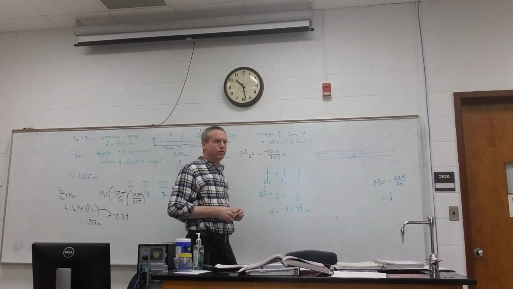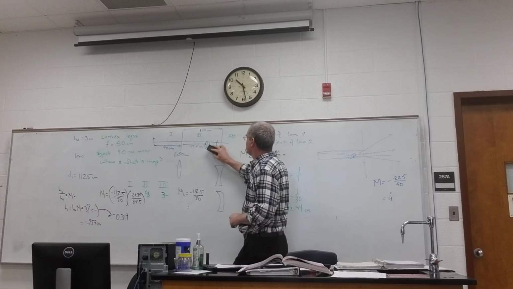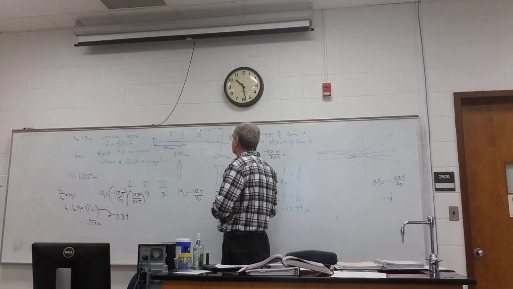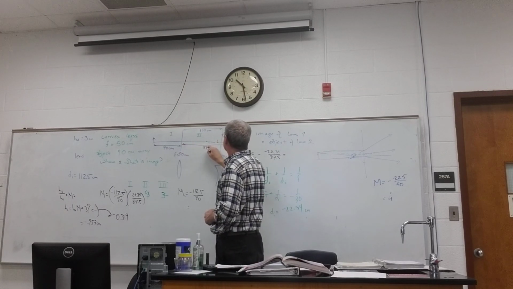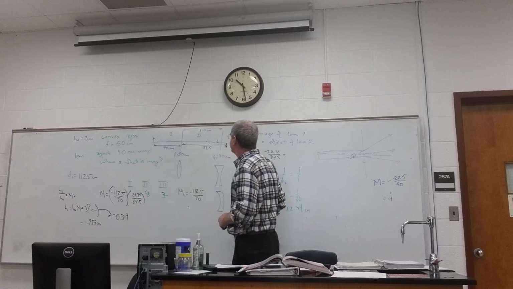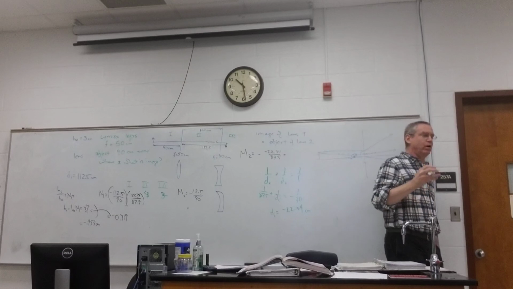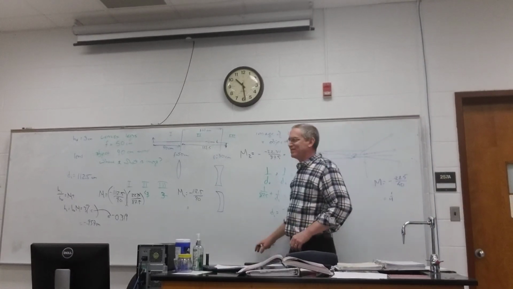Well, now put the lenses 100 centimeters apart. The image of the first lens is now on the right side of the second lens. And the question is, how do you deal with that?